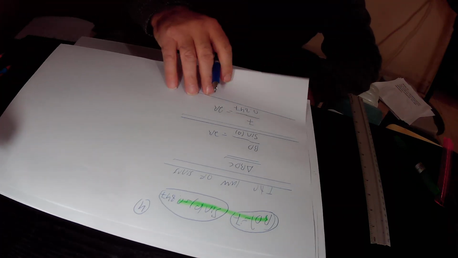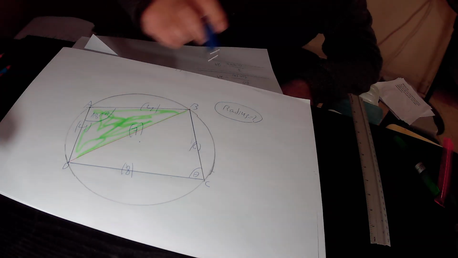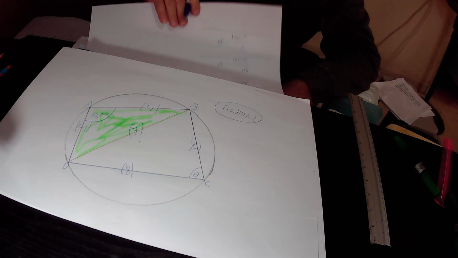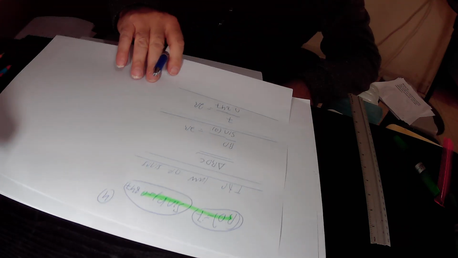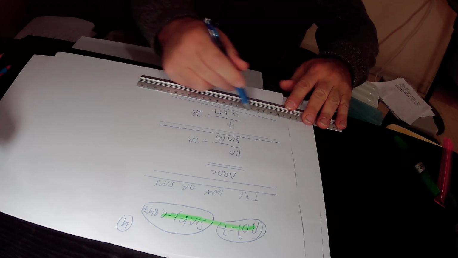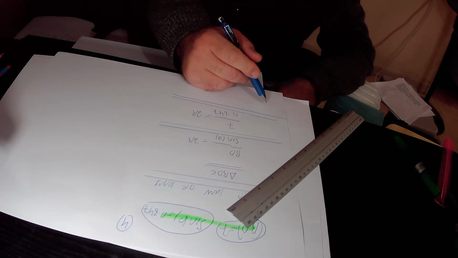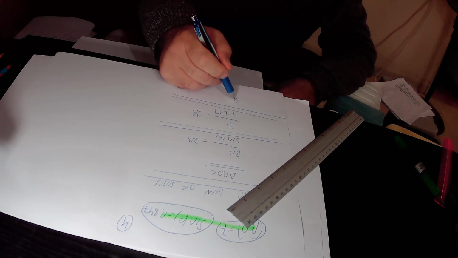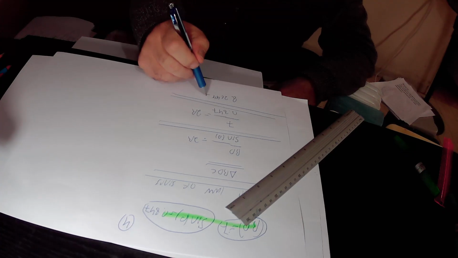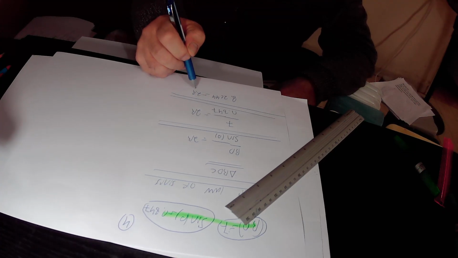And R is the radius of this circle that circumscribes triangle ABC. R is also the radius that we are looking for in this question. 7 over 0.847 is equal to 8.2644, which equals 2R.